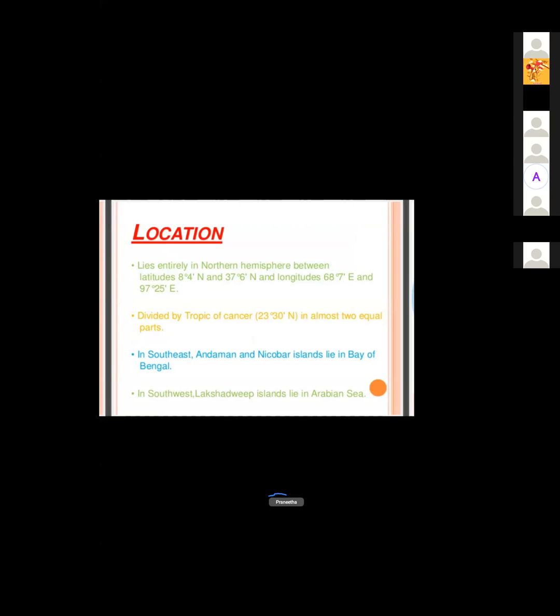It lies in the northern hemisphere between 8 degrees 4 minutes north and longitude 68 degrees 7 minutes east and 97 degrees 25 minutes east, divided by the Tropic of Cancer into almost two equal parts. In the southeast, the Andaman and Nicobar Islands lie in the Bay of Bengal; in the southwest, the Lakshadweep Islands in the Arabian Sea.